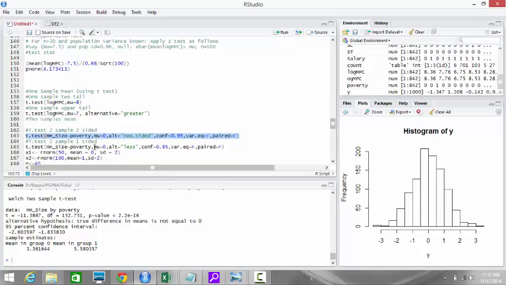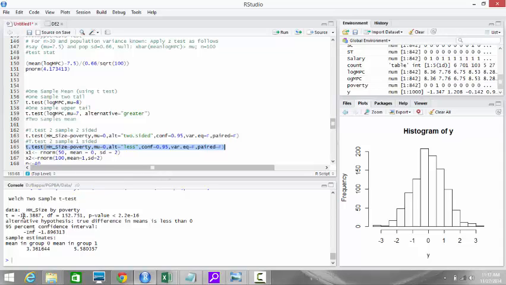What if we were to do a one-sided test? Let's run it. Here the hypothesis is that we are looking at only one side, whether the household size of people below the poverty line is less than the household size of people above the poverty line.